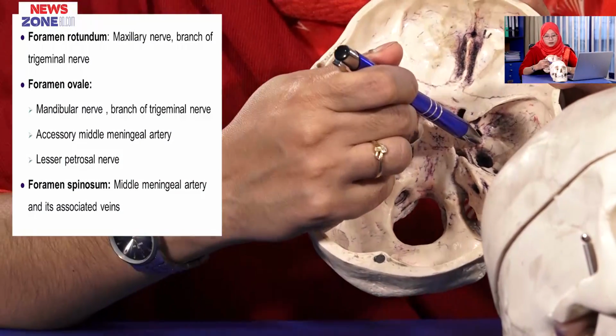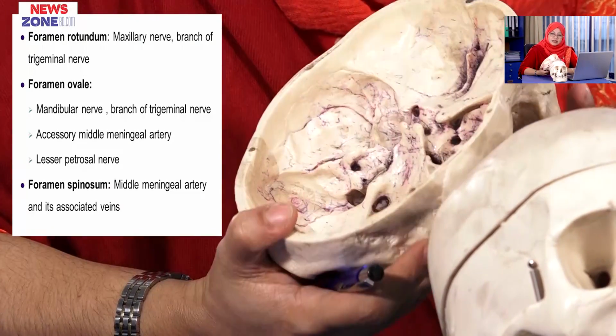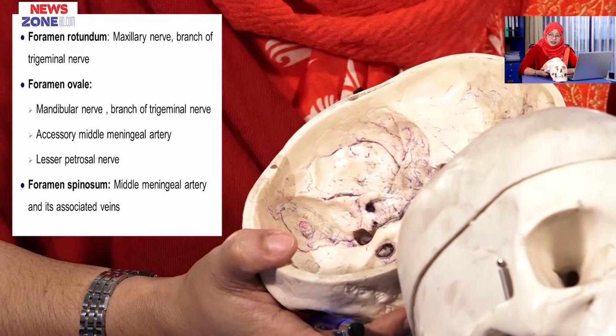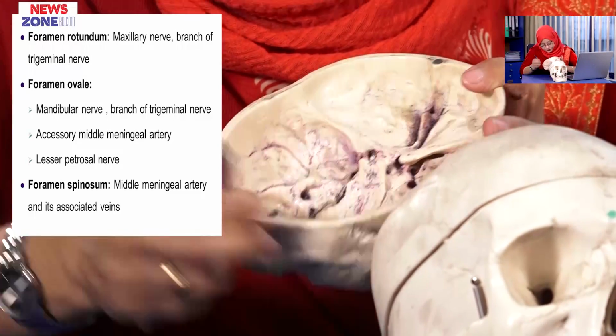This is foramen rotundum which passes maxillary nerve, that is the branch of the trigeminal nerve, and foramen ovale.